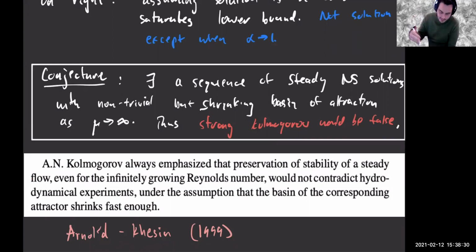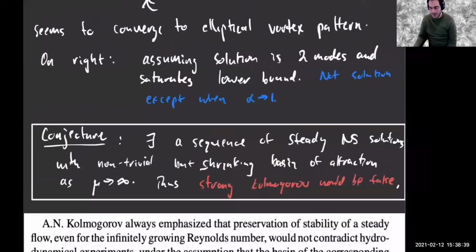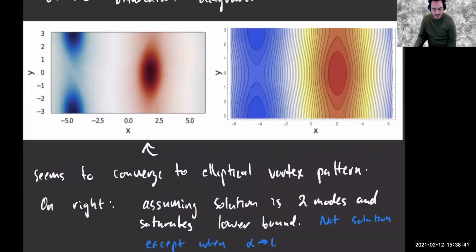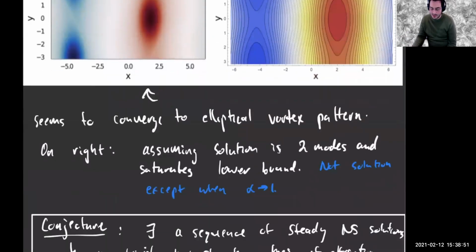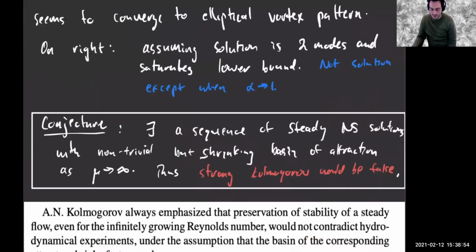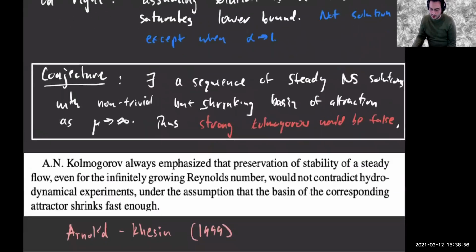Also, before I said that he had some doubts about this strong form of the conjecture, and this is in line with that. It's saying that there might be a region of phase space which is particularly simple to understand, corresponding to a branch of steady solutions, but this is a very much shrinking region that you won't see in a typical scenario. So it doesn't contradict anything about his description of turbulence from that point of view.